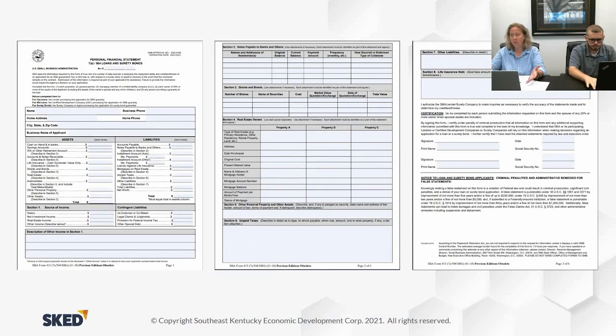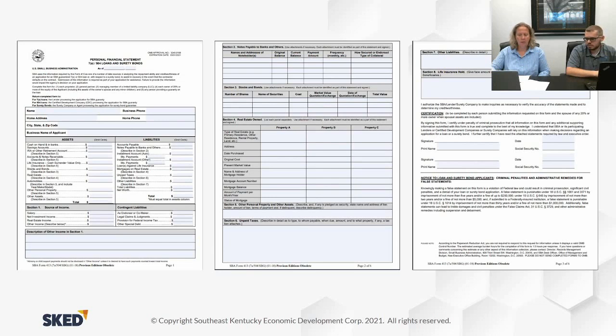This is what the personal financial statement, SBA Form 713, looks like. It is 3 pages long as far as information that you need to fill out. It's actually about 6 pages long with notices and disclosures and all the legal stuff that goes along with it. When you first get this form, it doesn't look terribly overwhelming.